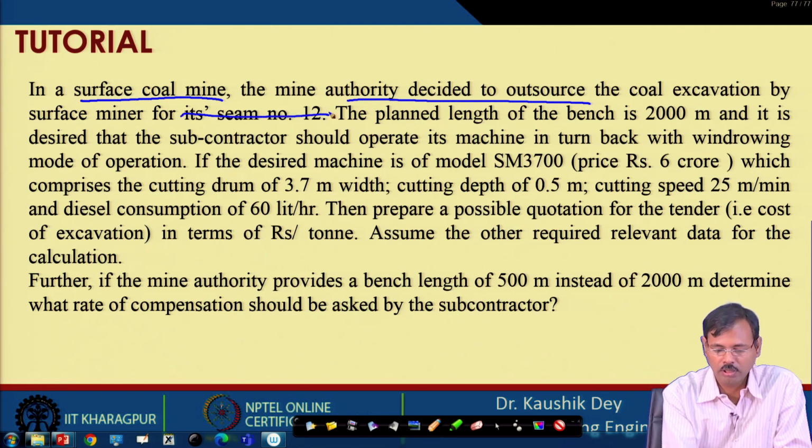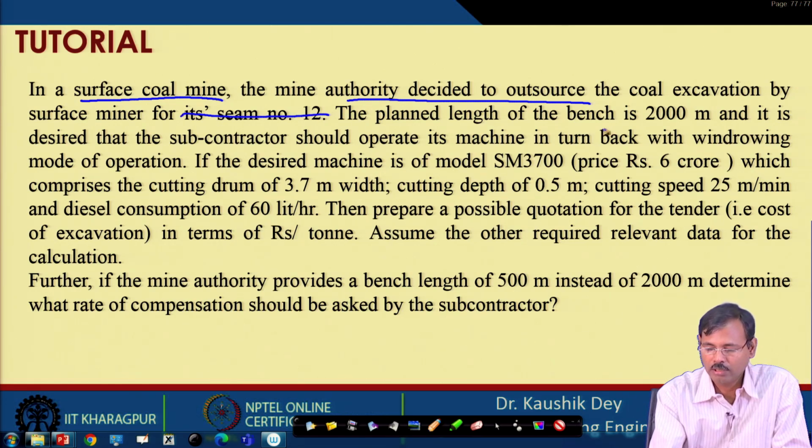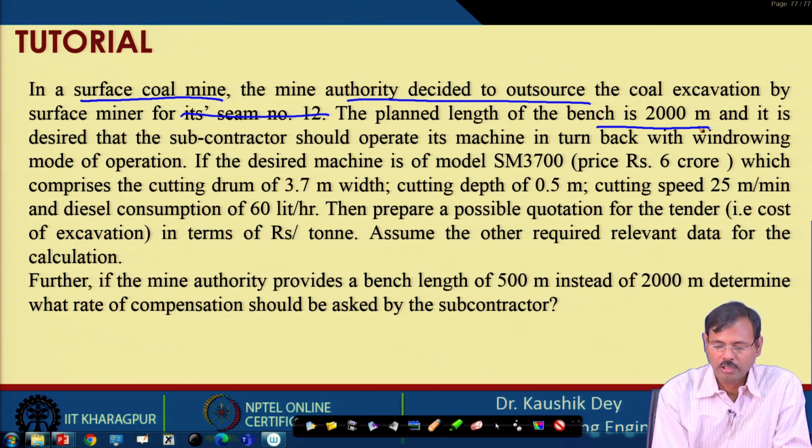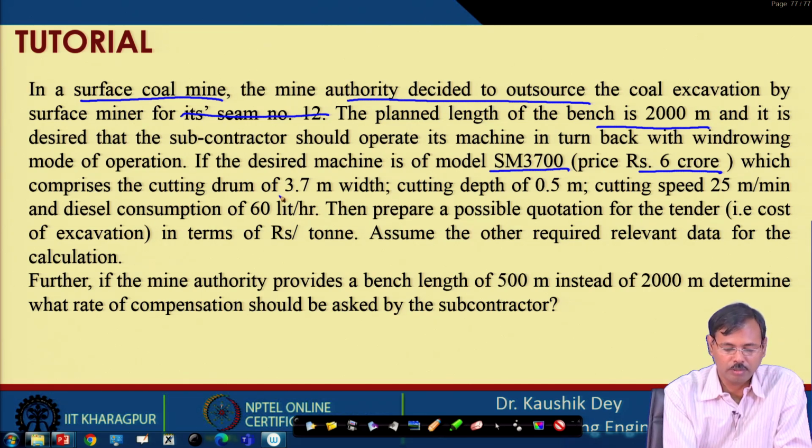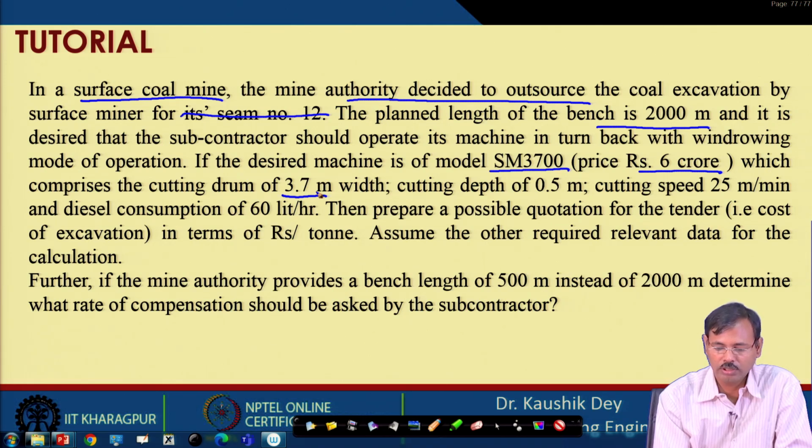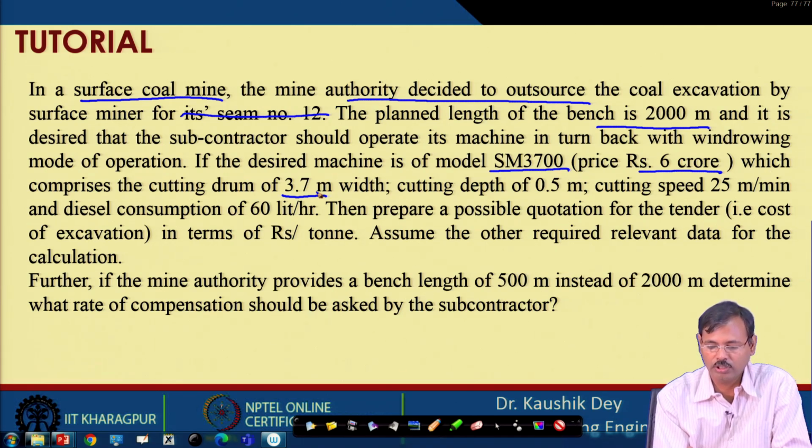The planned length of the bench is 2000 meter, and now contractors are asked to go for bidding. The desired machine is the 3700, which is available at a price of 6 crores, and it comprises a cutting drum of 3.7 meter, which can cut a depth of 0.5 meter.